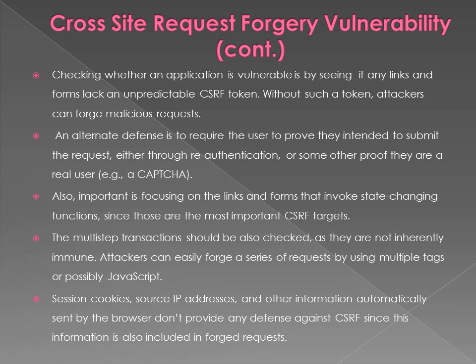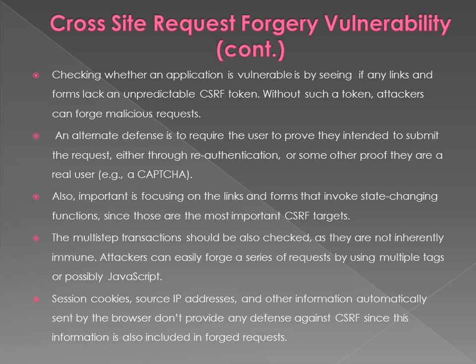An alternate defense is to require the user to prove they intended to submit the request, either through re-authentication or some other proof like CAPTCHA. Also important is focusing on the links and forms that invoke state-changing functions, since those are the most important cross-site request forgery targets.